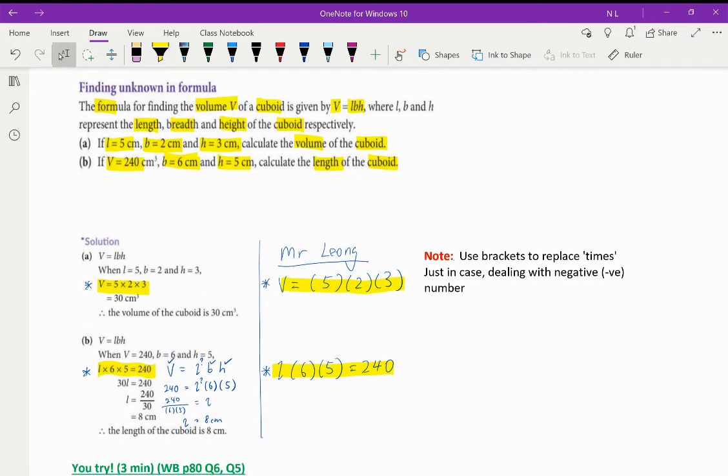In this case, we are trying to find the unknown in this formula. The formula given to us is volume of a cuboid equals length times breadth times height, as you can see from the highlighted words. In part A, they give us the length, the breadth, and the height. How are we able to find the volume of the cuboid?